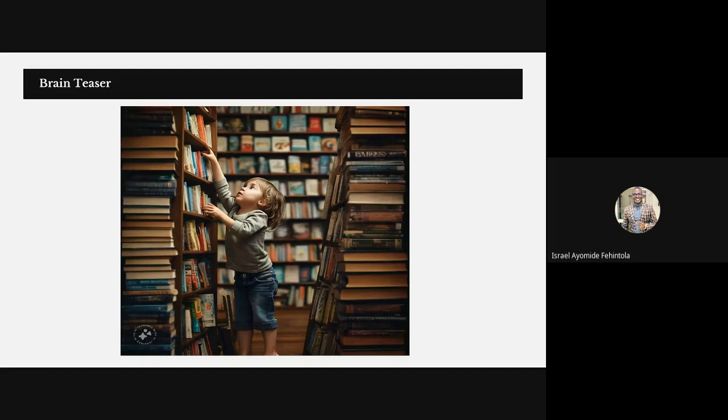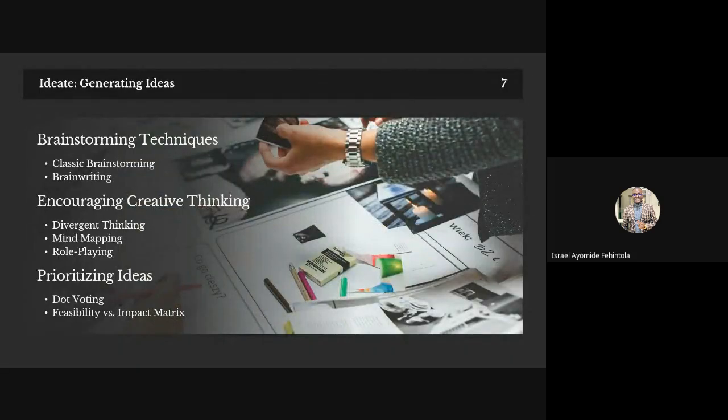So the next stage is idea generation. Remember, you have defined what the problem is, either using the how might we question, the point of view, or maybe problem tree analysis. Now you define what the problem is, then you generate ideas. So this is where you generate.